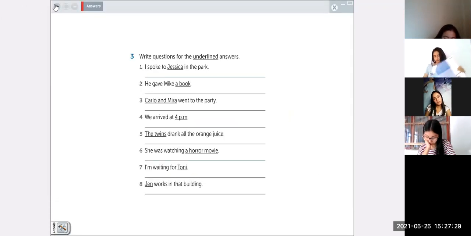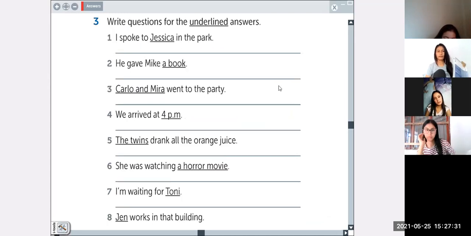It says, write questions for the underlined answers. As you can see, here we have the underlined answers, and we need to write questions for them. Number 1, it says, I spoke to Jessica in the park. What can we ask here? ¿Cuál sería nuestra pregunta si nuestra respuesta es Jessica?